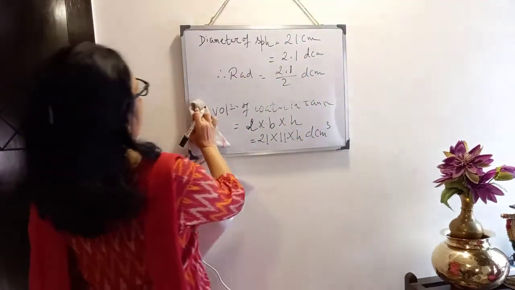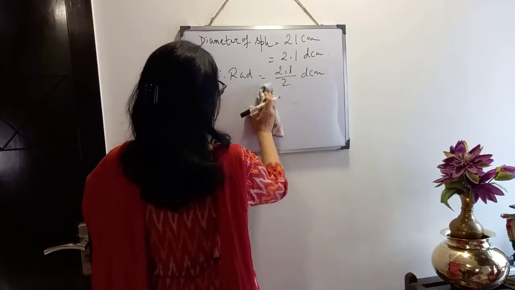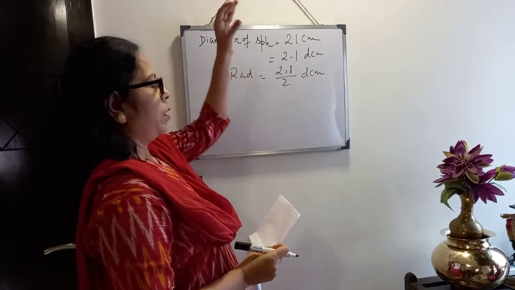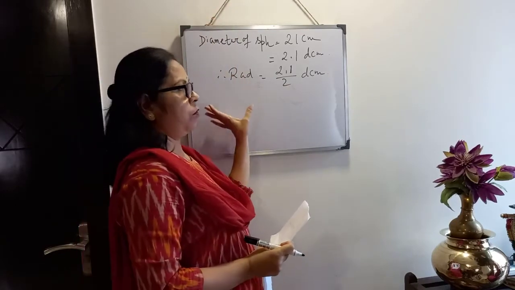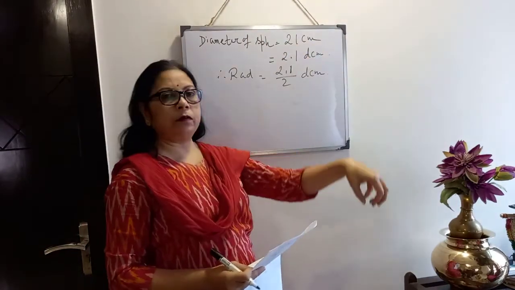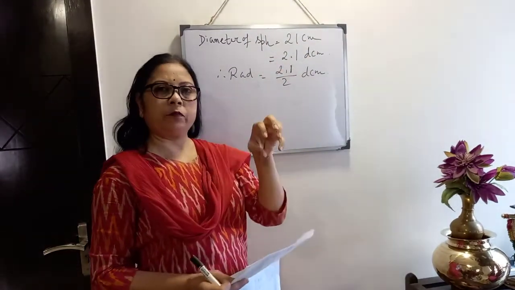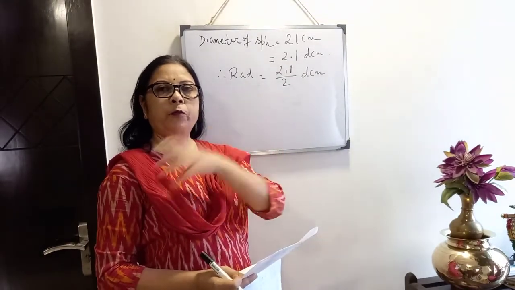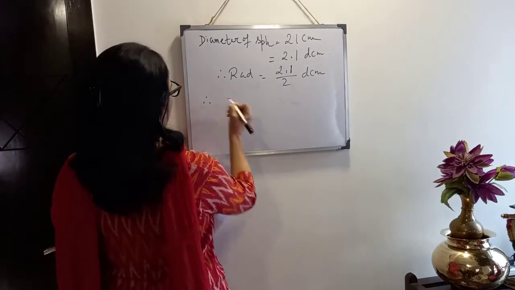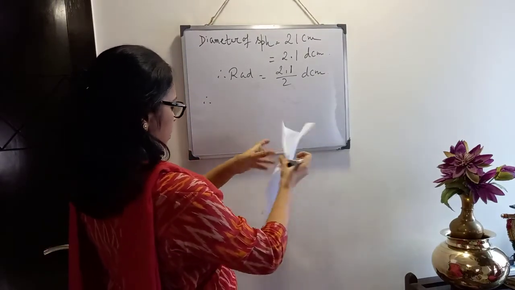Then automatically what will be the equation? Volume of water equals the volume of the 100 spheres immersed. So 100 into 4 by 3 pi r cube. I am writing it.